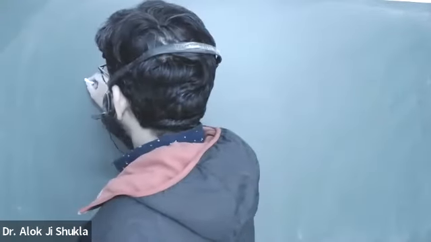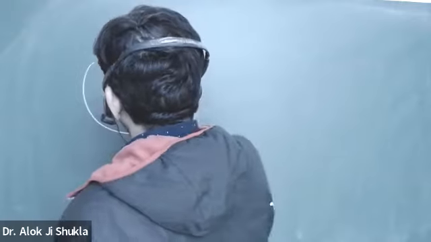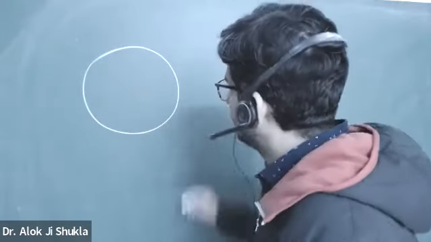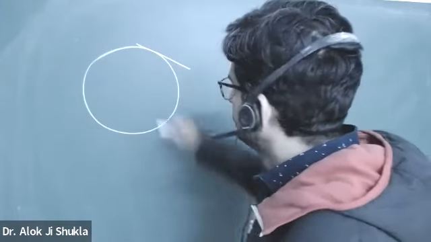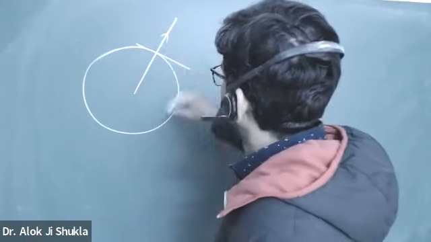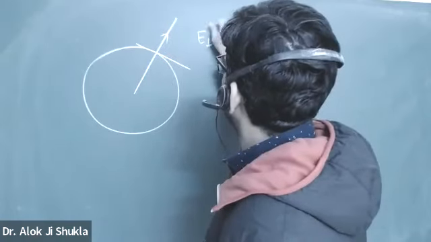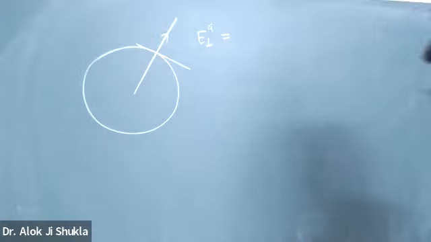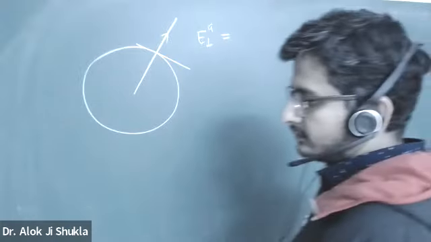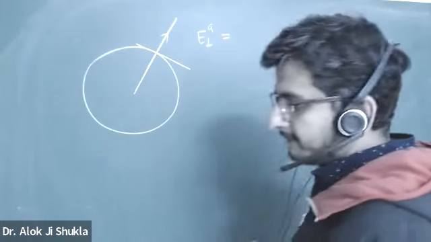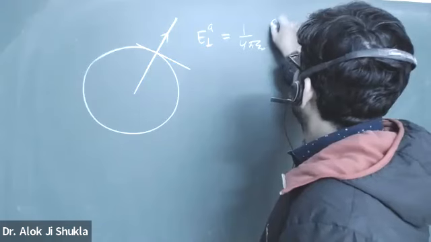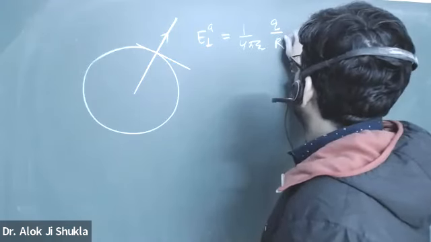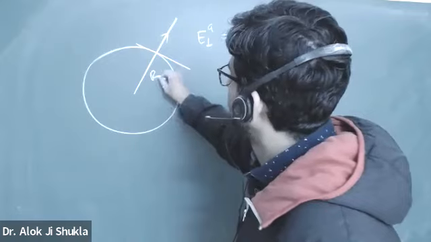ये आप लोगों ने पढ़ा भी होगा, ऐसा थोड़ा नहीं पढ़ा होगा. So suppose you had sphere. स्फीयर था ना अभी. स्फीयर पे सरफेस ले लो कोई. ये सरफेस हो गया. दिस इज द परपेंडिकुलर. तो E perpendicular above बताओ कितना होगा? 1/4 pi epsilon naught Q by R square. कैपिटल आर क्यों लिख रहा हूं?